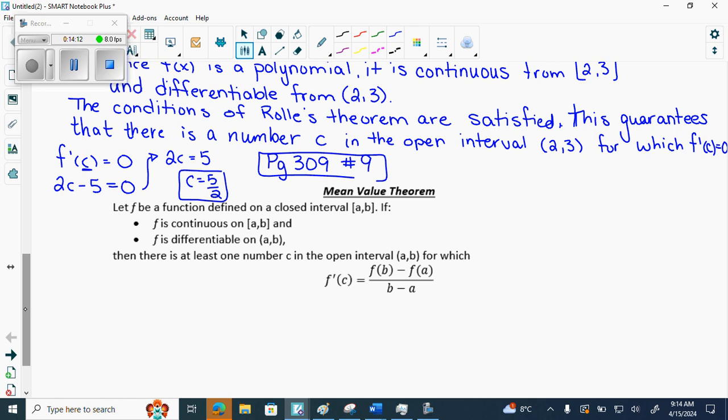Now, what this is showing is then there is at least one number c on the open interval, where f prime of c equals this. What is this? No, that's the average. That's a slope. This is grade 10 slope.